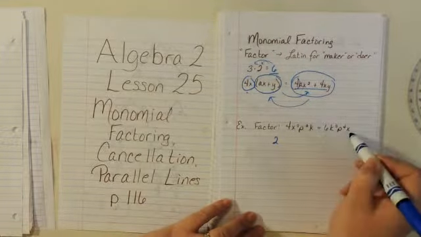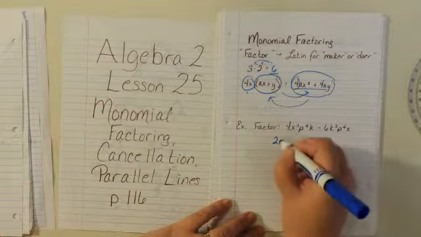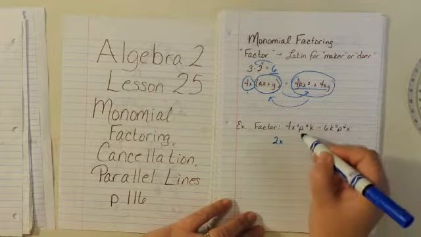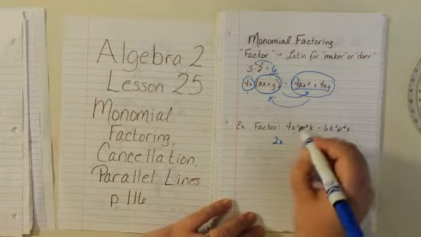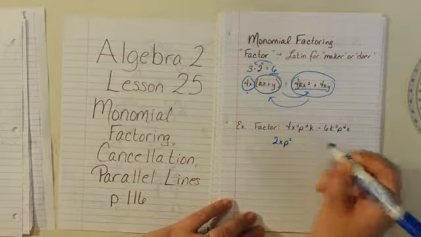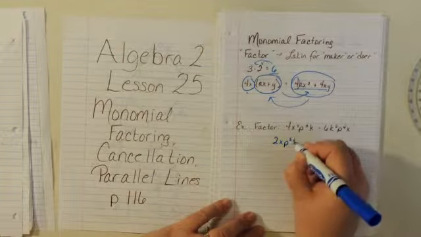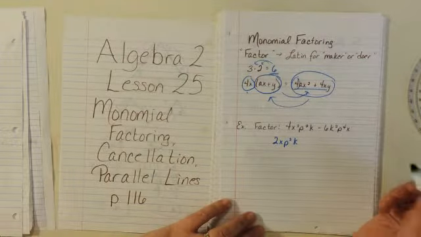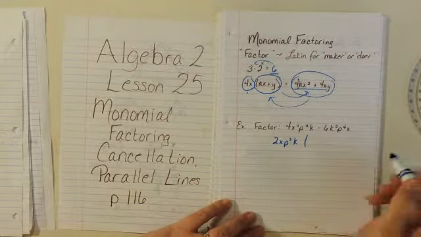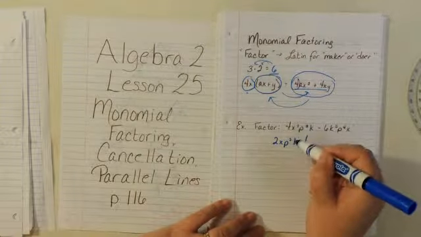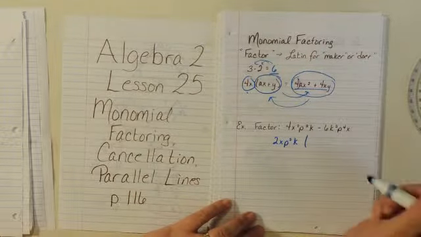We have an x squared here and just one x over here, so we can pull out 1x. We have p squared and p to the 4th, so we can pull out p squared. And we've got k here and k squared here, so we can pull out 1k. Right? We're going to pull that out. That means we're going to divide this term from each of these terms.